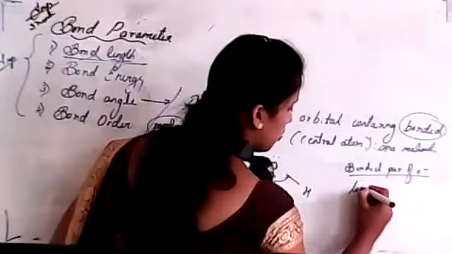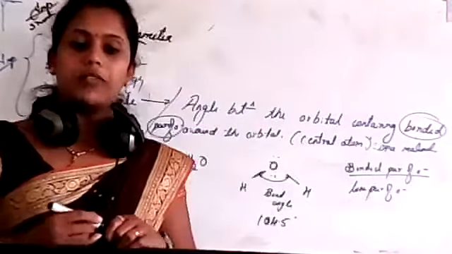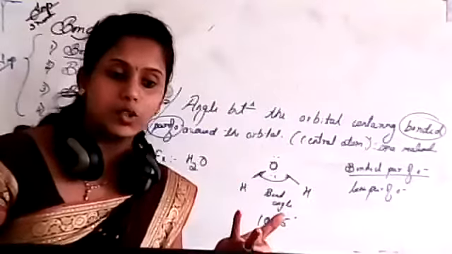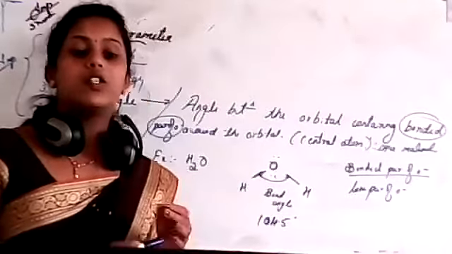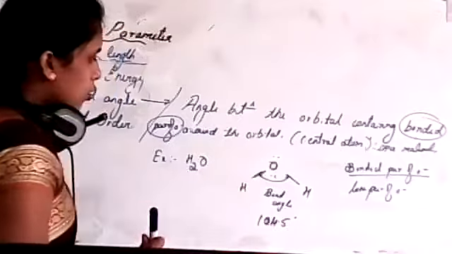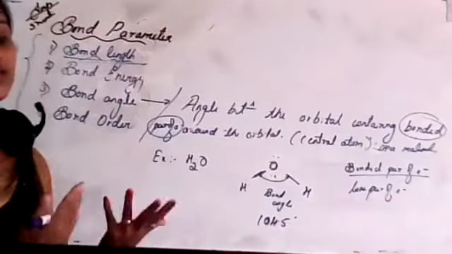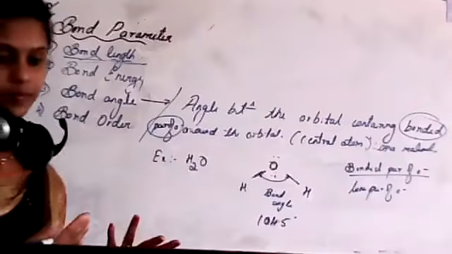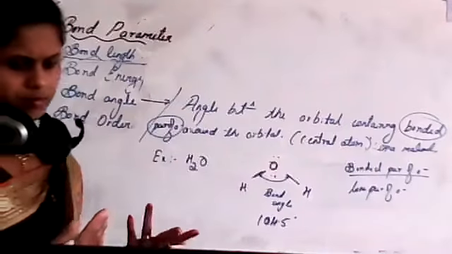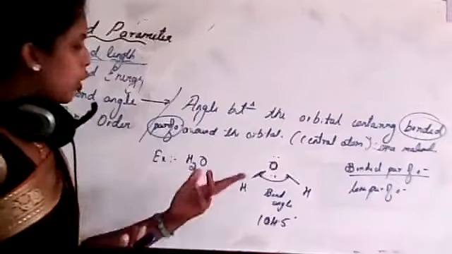I forgot to tell about lone pair of electrons. What do you mean by lone pair of electrons? These are pairs of electrons which are not involved in bonding. For hydrogen there is no lone pair, but what about oxygen? Valence electrons that aren't in a bond, yes, that is your lone pair.